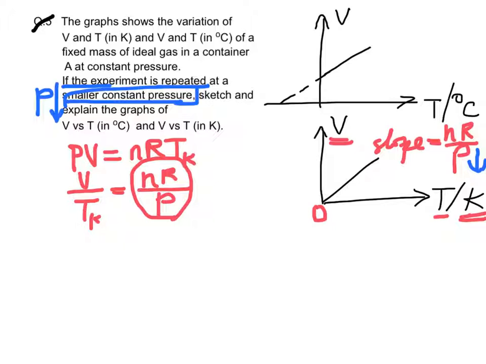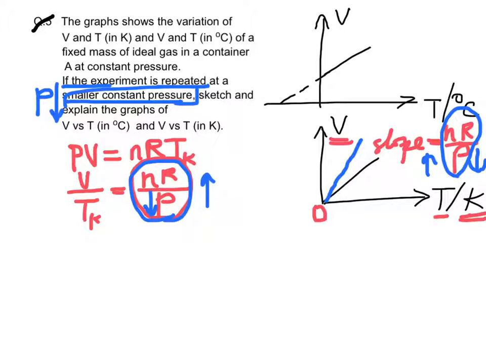Hence, the slope of the graph will increase by decreasing P. Therefore, the new graph will be a straight line passing through the origin with greater slope like this one.